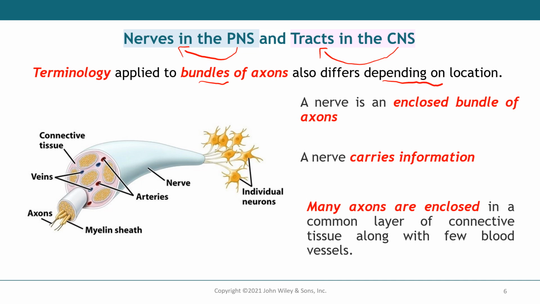Here you can see again the bundle of axons surrounded by myelin covers. They have arteries and connective tissue, so in those things they will be similar. Both are enclosed bundles of axons, both carry information, and they have arteries and veins. However, depending on whether they are in the peripheral or the central nervous system, they have different names. Let me show you an example in the following slide.